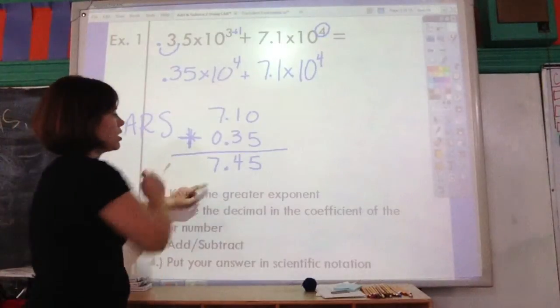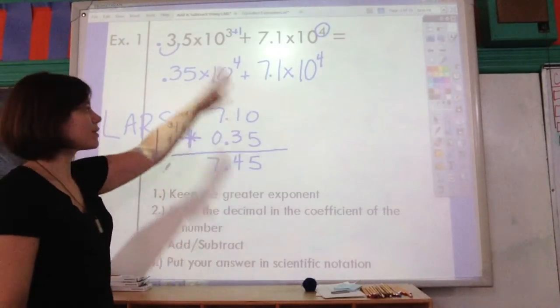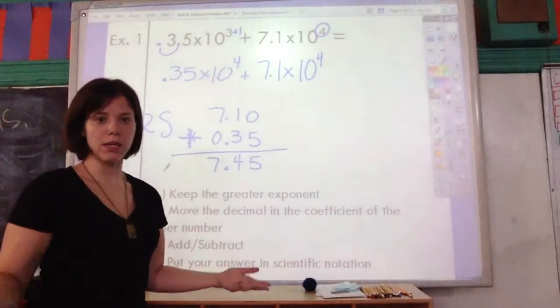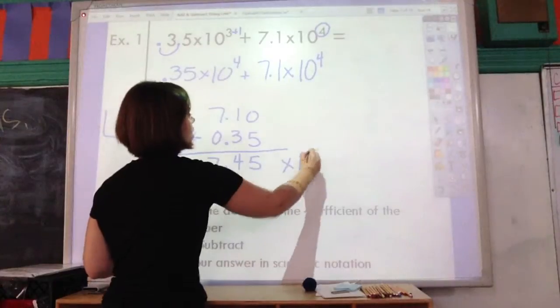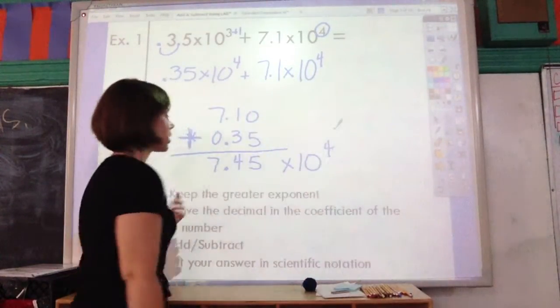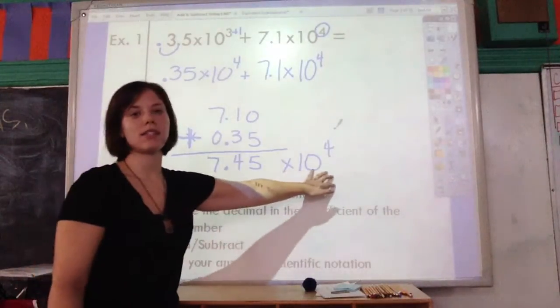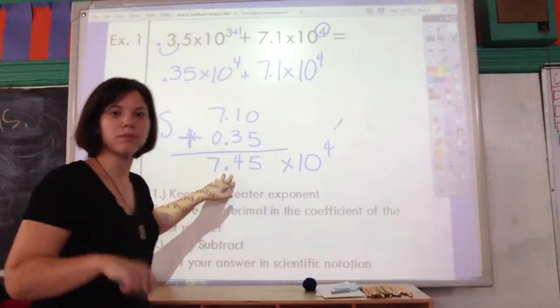My new coefficient is 7 and 45 hundredths. However, I was adding in scientific notation. I need to keep my problem in scientific notation. So I rewrite times 10, and because my exponents are the same, I keep my exponent. That's a 4. This number is in scientific notation because my coefficient is in between 1 and 10, so I'm good. Let's do another one.